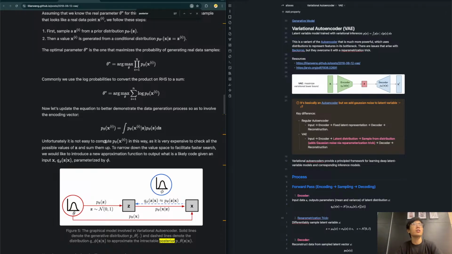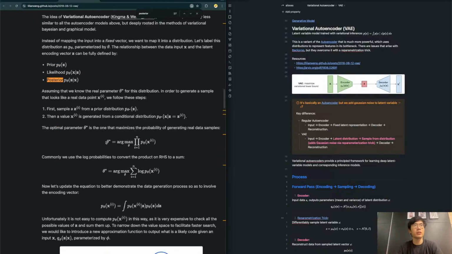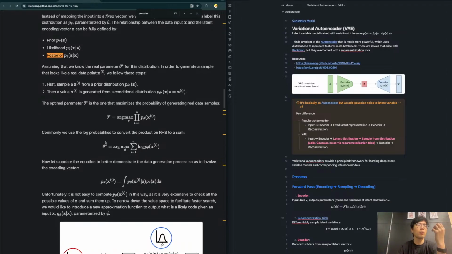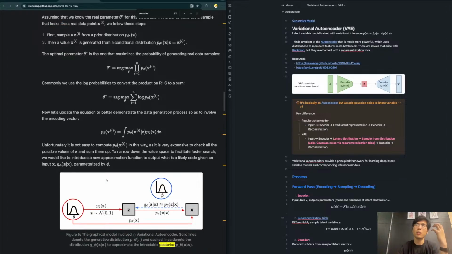The way Lilian was trying to explain this is from the decoder perspective first, right? We want to find a generator that takes some input z and maximizes the probability of getting a target value x. But searching over all possible spaces of z is really expensive. So rather, what we can do is introduce another generator, the encoder. Sorry, I'm mixing my words.